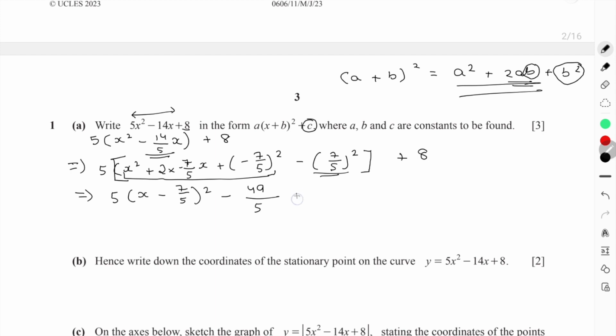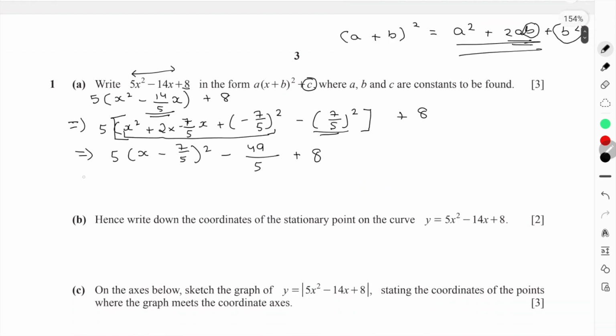So you can just directly write that. And now let's find that. 8 minus 49 by 5 is minus 9 by 5. This is the answer for the first question.